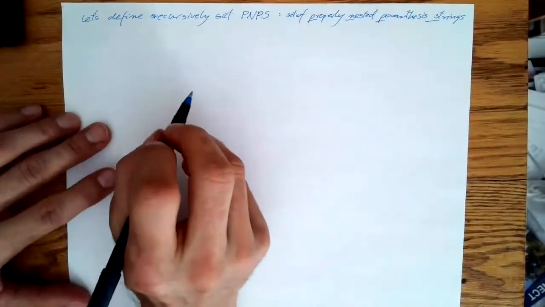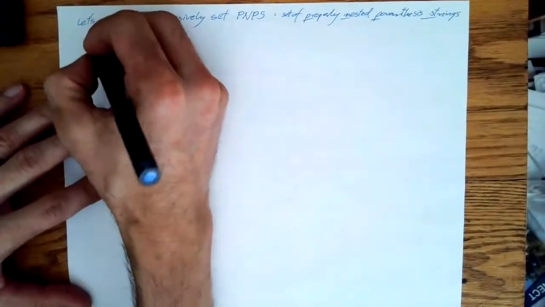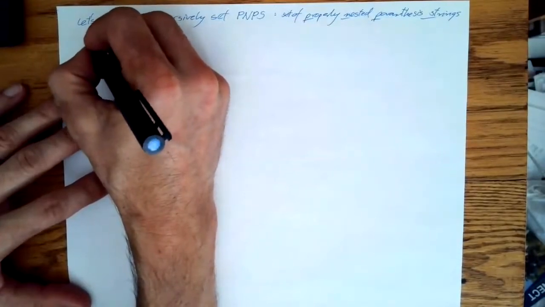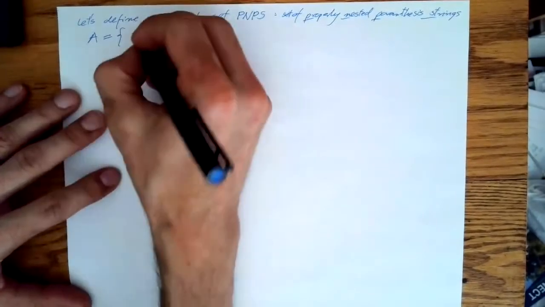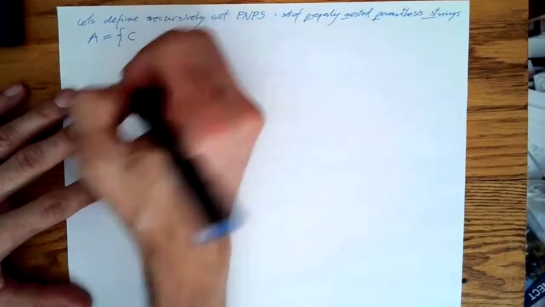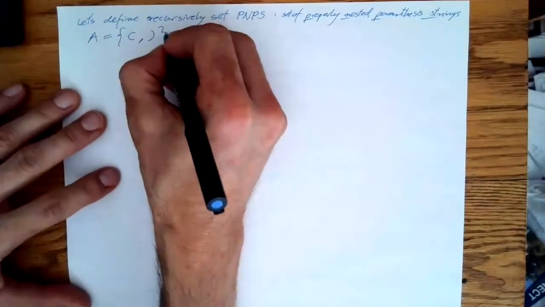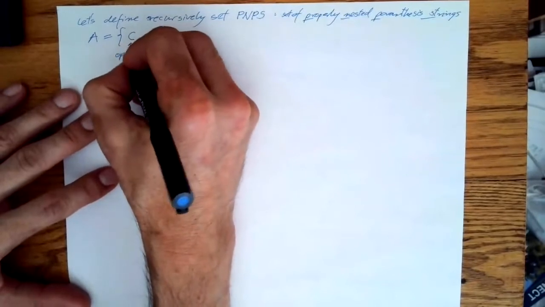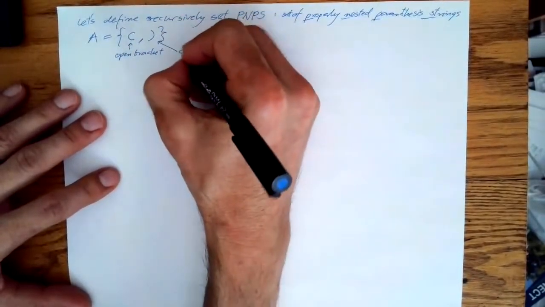So let's consider an alphabet which contains two characters, an open bracket and a closed bracket. So this is not a C and an inverse C. This is open bracket and this is closed bracket.